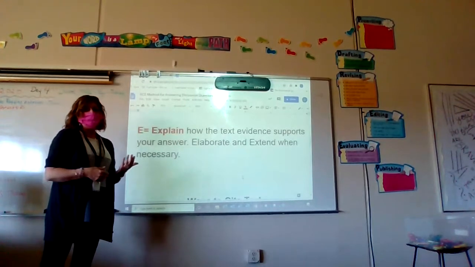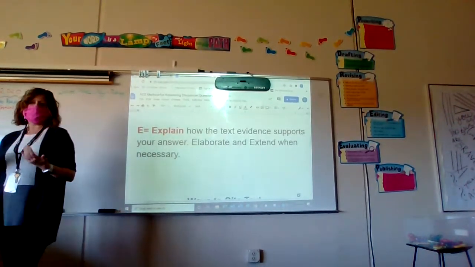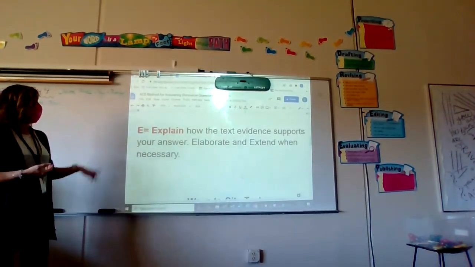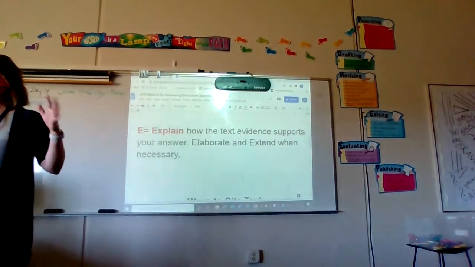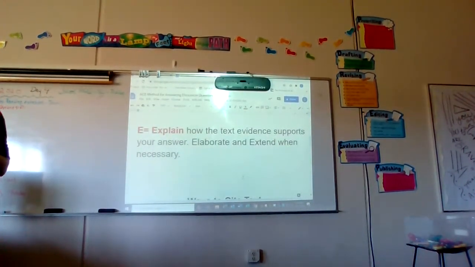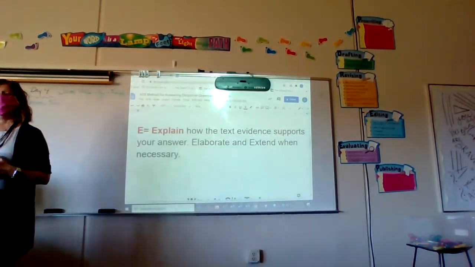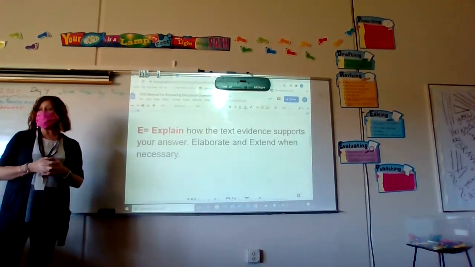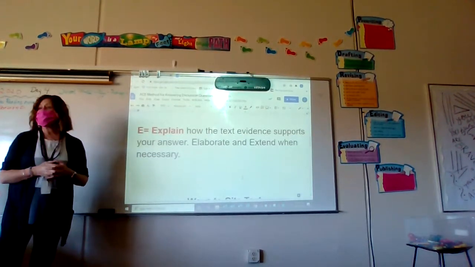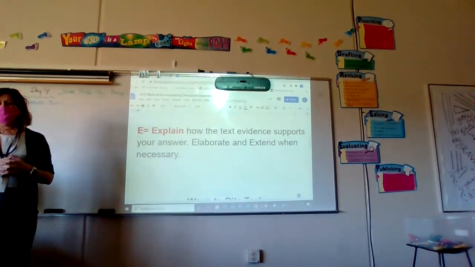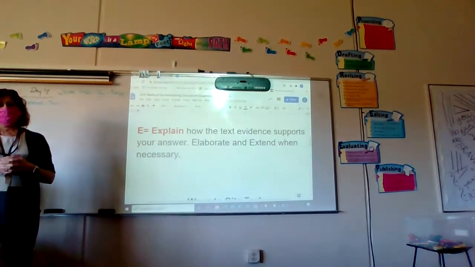He wanted to, however you want to explain how that supports your answer. And that's your answer to your question. Okay? It's a long answer. But it's really thorough, and it's really good. Okay?